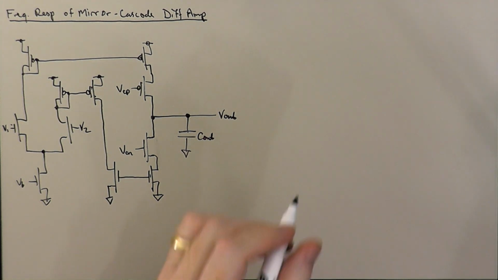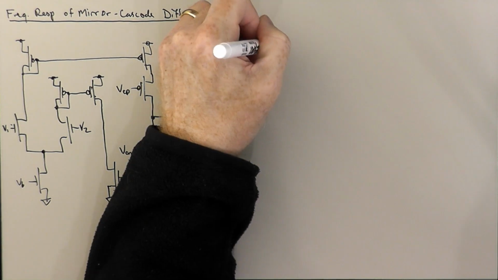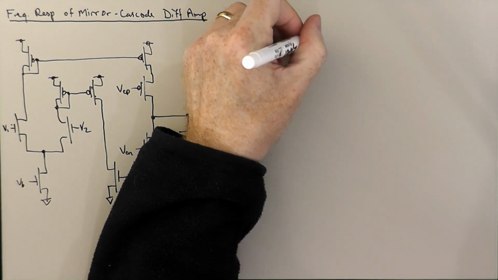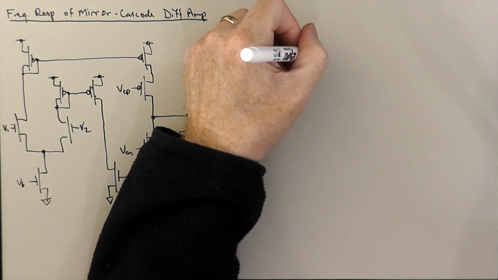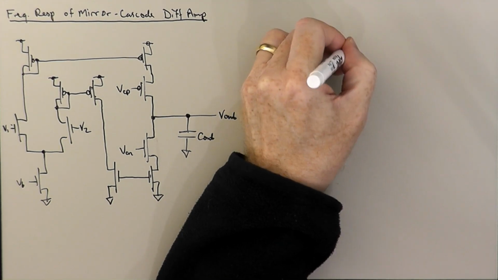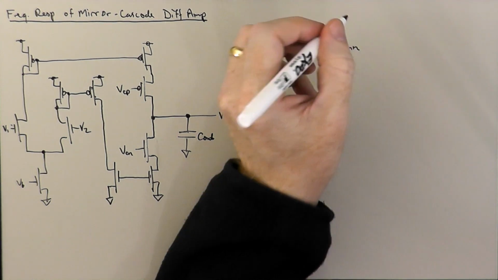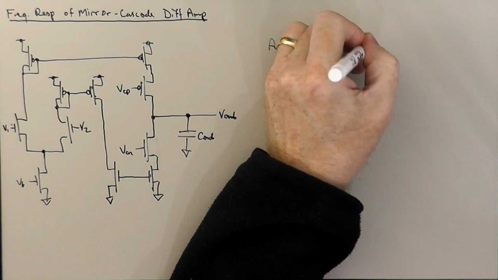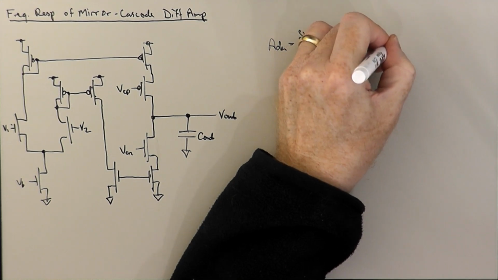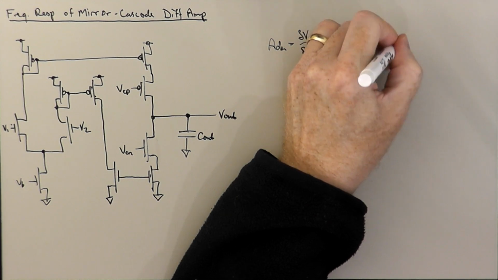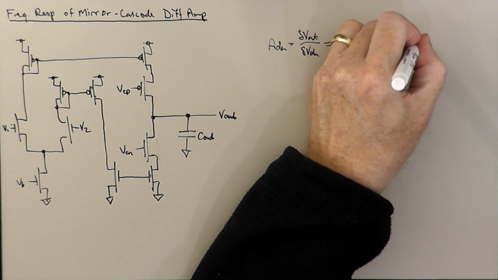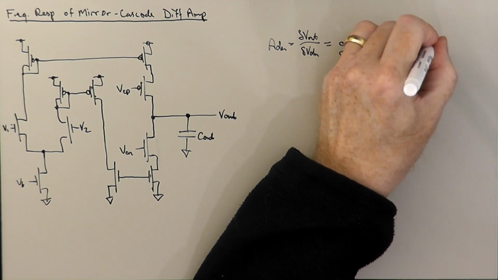And so the differential mode gain, which is dV out over dV dm, would be equal to the GM of the diff pair transistors, GMN, times GSN RON squared parallel GSP ROP squared.